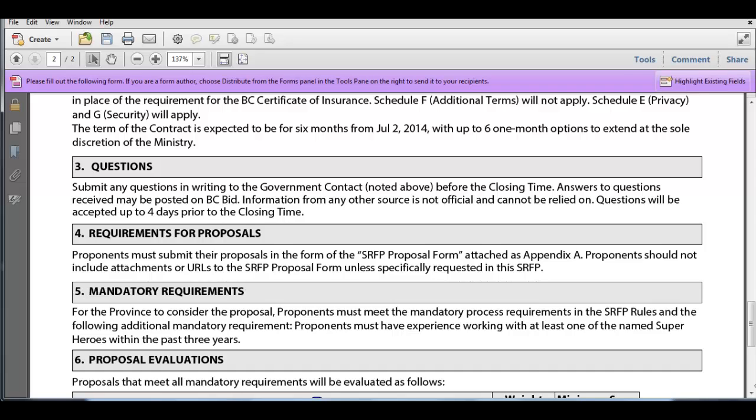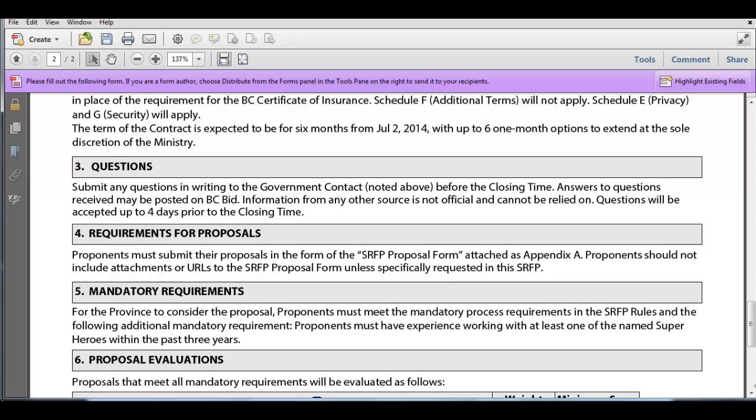So the SRFP rules, if you go to that website, are specifically going to be telling you that your proposal must be on time, that you must use Appendix A, it must be in English, etc. There's a number of process rules that you need to follow that are mandatory requirements. You want to make sure you know what they are and that you follow them diligently. Remember, if you miss a mandatory requirement, we have to reject your proposal. We can't even read it.